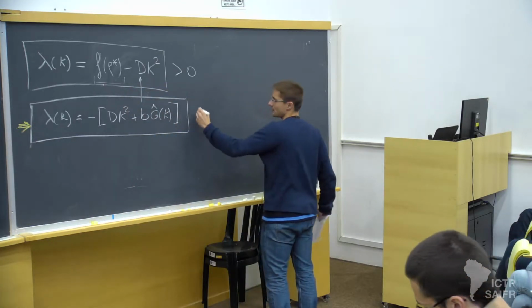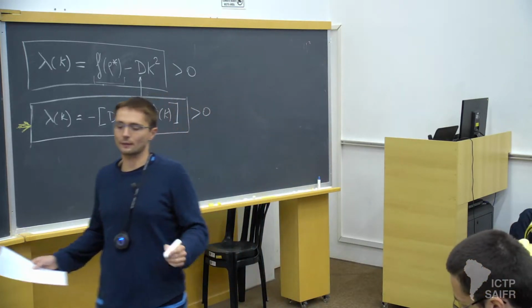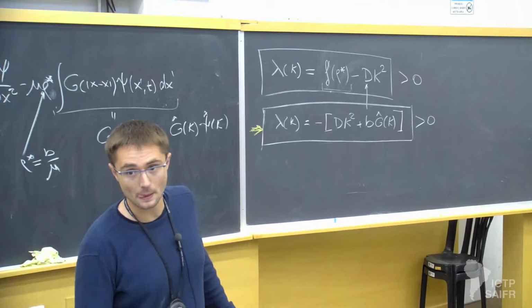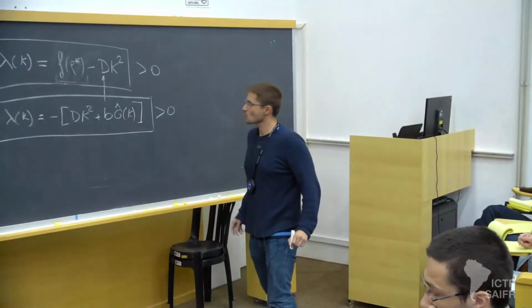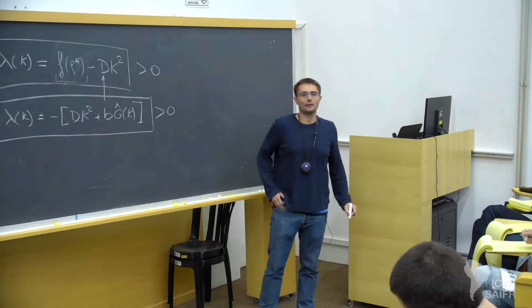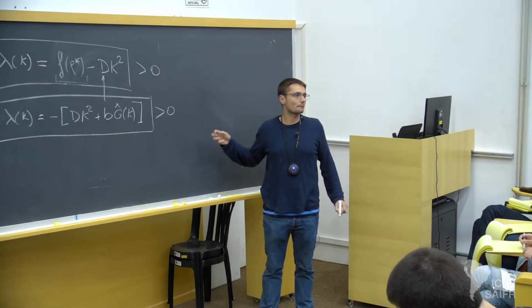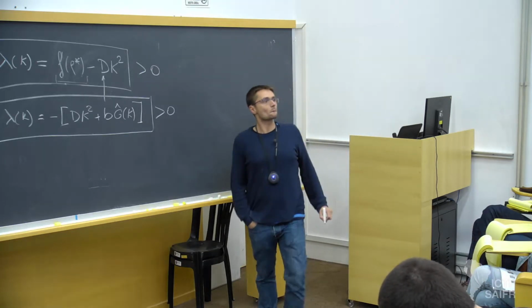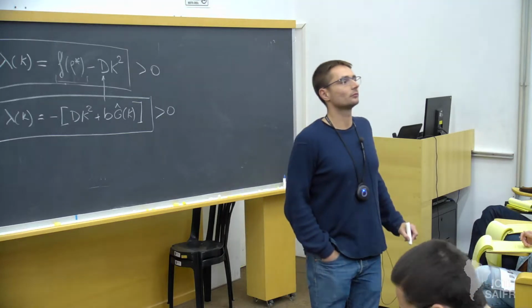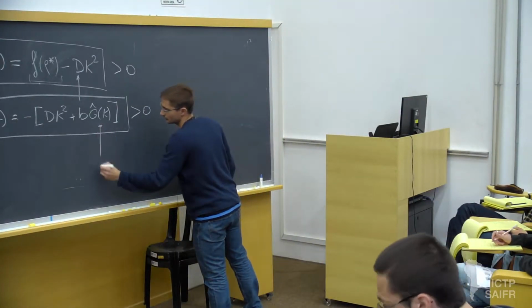And to have patterns, this, we said, has to be 0 at least for some k, some critical k. Can I make this to be positive for some k, or I can't? Sorry? I need g of k to be negative for some k.